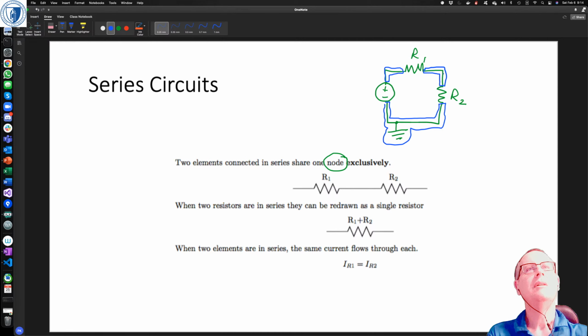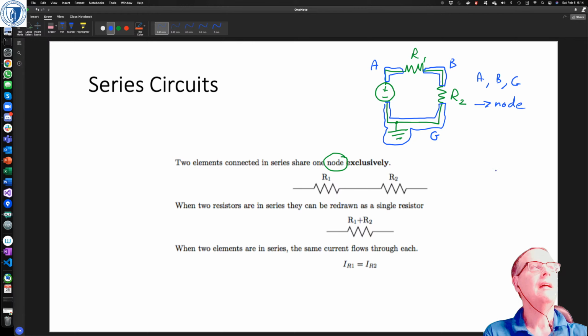Right? And these pieces, A, B, and I'll call this other one G. A, B, and G are what I would call a node.